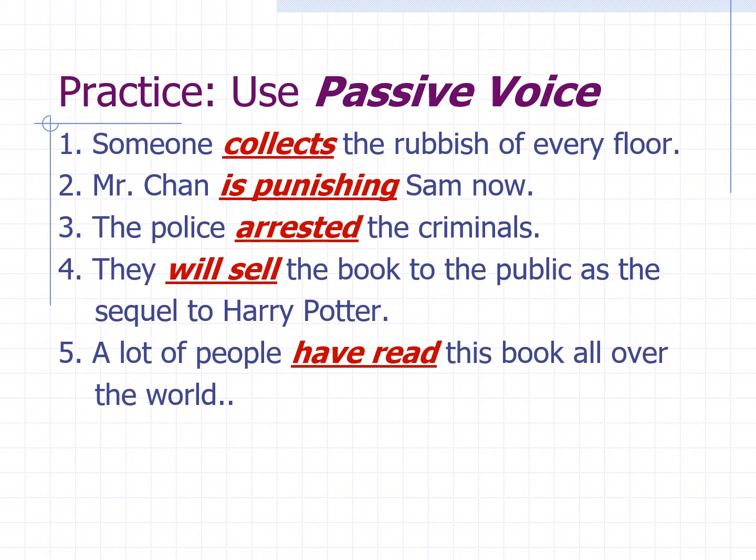So now you can try to figure out how to change them into passive voice sentences. You can pause the video here and change the sentences into passive voice on a piece of paper. When you are done, you can continue with the video, in which I will show you the correct answers. Let's see how many of them you can get right.